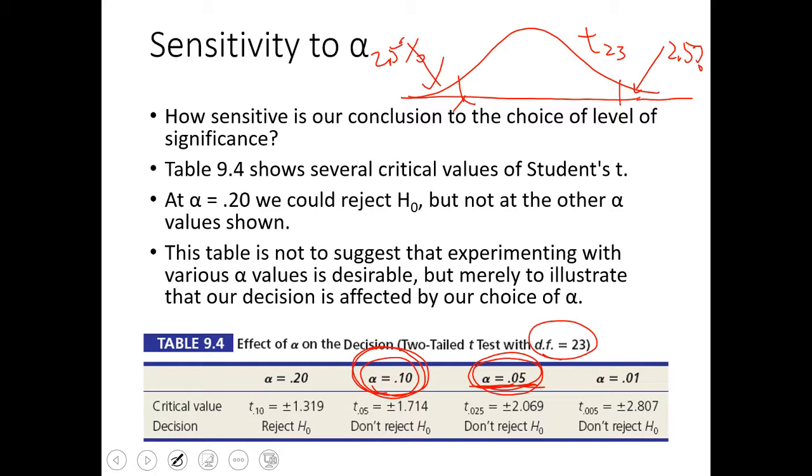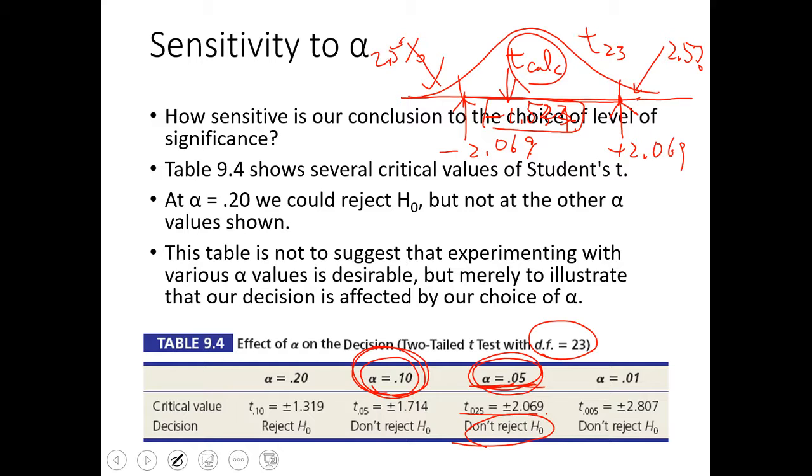So the critical values for the 2.5% left tail and 2.5% right tail are minus 2.069 and plus 2.069. Of course our test statistic is minus 1.534, so this number is between this interval, and we don't reject the null hypothesis.